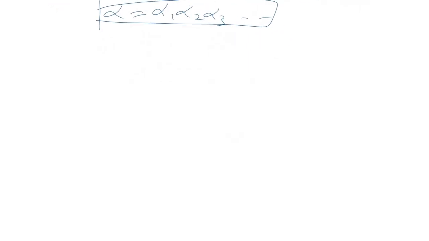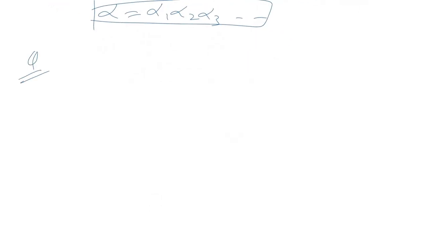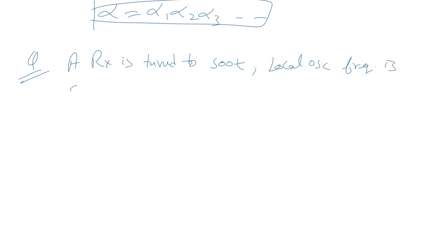Let us do a simple example based on the concept of image frequency and the superheterodyne receiver. The question is, a receiver is tuned to 500 kilohertz, and the local oscillator frequency is given as 1050 kilohertz.